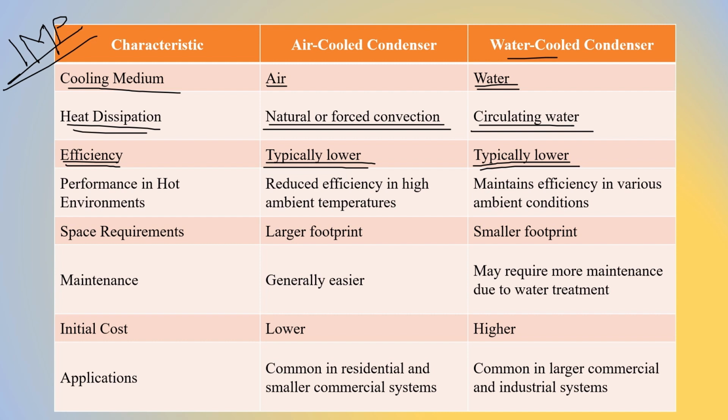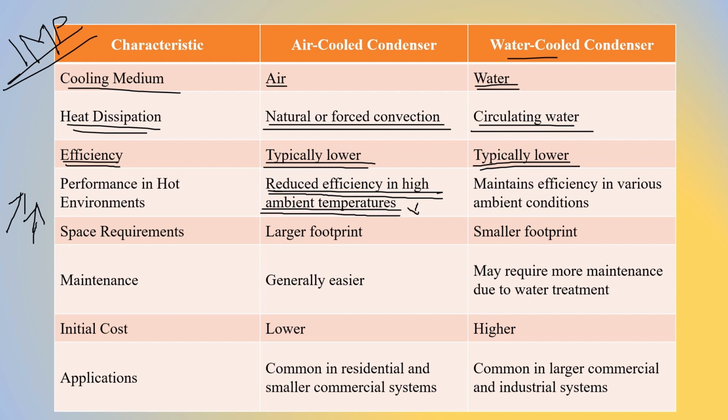Performance in hot environments. Air cooled condensers have reduced efficiency in high ambient temperatures. If the vapor refrigerant coming from the compressor is already at high temperature and high pressure, and the surrounding air is also at a high temperature, the condensation is not proper here.